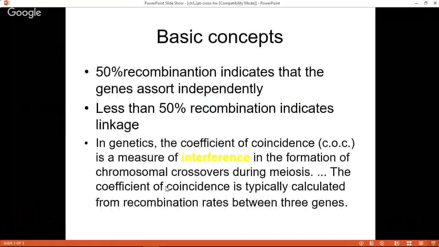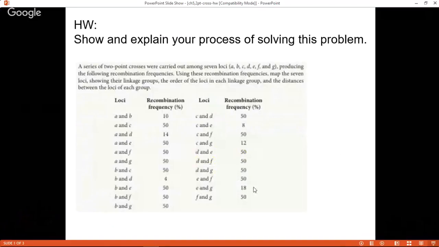And this is where we got that information from. C and E is 8, C and G is 12, E and G is 18. And we could cross out the rest because they had 50% recombination frequency or more. So it couldn't be C and F, it couldn't be D and E, it couldn't be D and F, it could not be D and G, it could not be E and F, it could not be F and G. So that left us with E, C, G.